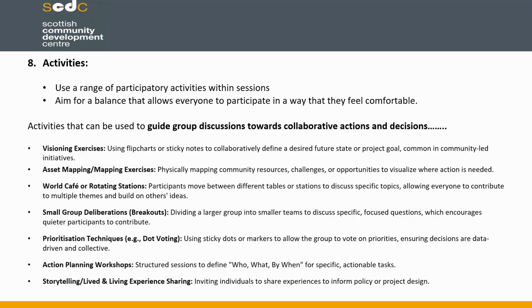Action planning workshops. These are much more structured sessions where you might look to define who's going to do what and by when, and that's really where you're digging into what are those actionable tasks. Good action planning workshops will have people at all levels of that conversation there, but ideally the people that will be able to make the decision.